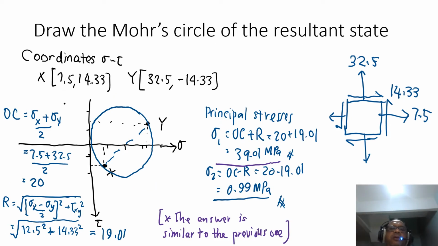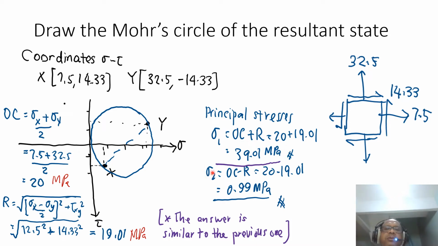So the radius is 19.01 megapascal, the OC is 20 megapascal, and your principal stress is given here. Sigma 1 equals OC plus R, 20 plus 19.01 equals 39.01 megapascal.